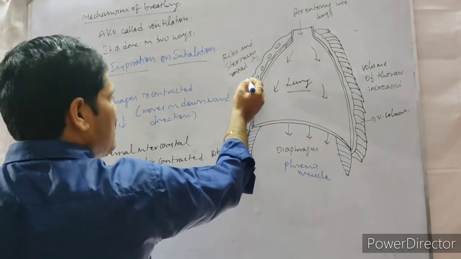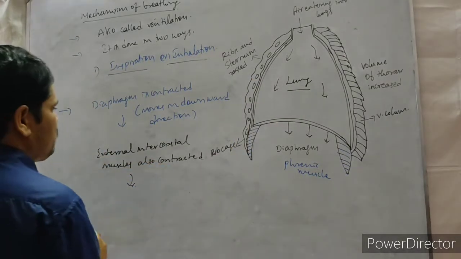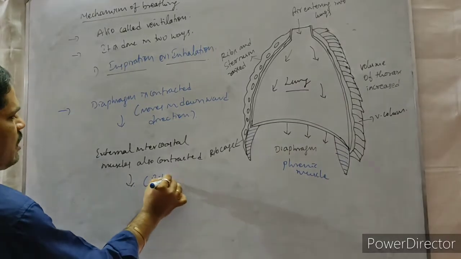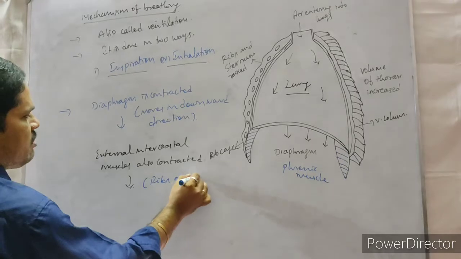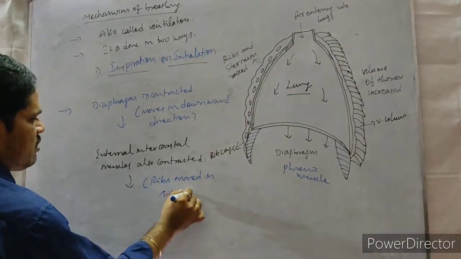The ribs are moved in a sideward direction. That means the lateral directions.